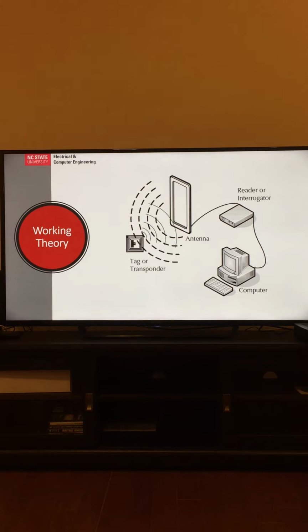Now let's have a closer look at the system diagram here. In this diagram, we have our RFID tag, our reader, and a host computer system. The reader is always sending out a signal by radio wave.